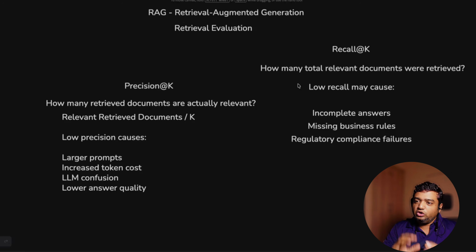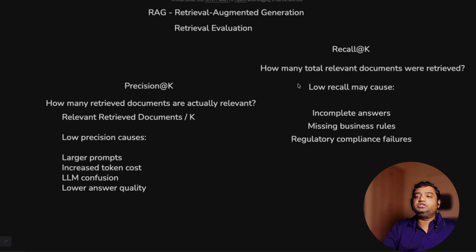If the value of precision is low, that means your retrieved data has fewer relevant documents. That means you are giving a larger prompt. If you're giving a very long and big prompt, what will happen? Multiple pieces of information will be retrieved, but the relevant information will be less.